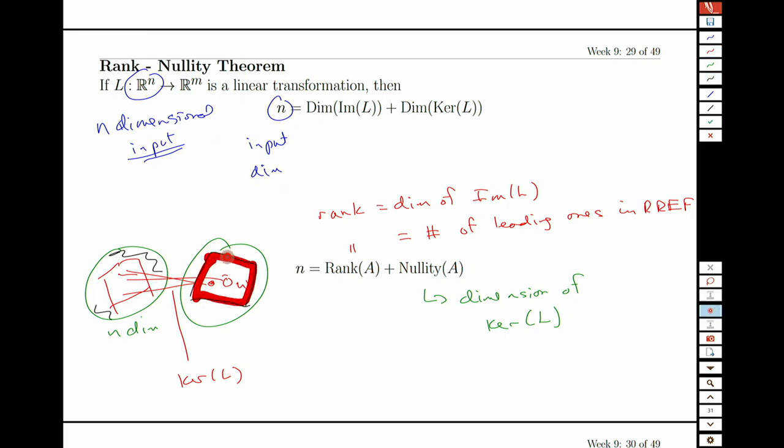That's going to have a dimensionality all of its own as well. That's going to be the image of L. And we have some guarantees about how those relate to one another. If we started off with 5 dimensions and 2 dimensions get squished down, 2 dimensions are in the kernel, there will be a 3-dimensional image. 2 plus 3 equals 5. We'll always have that relationship between the image, kernel, and the original input dimension.